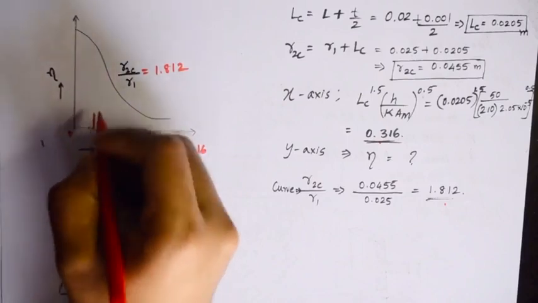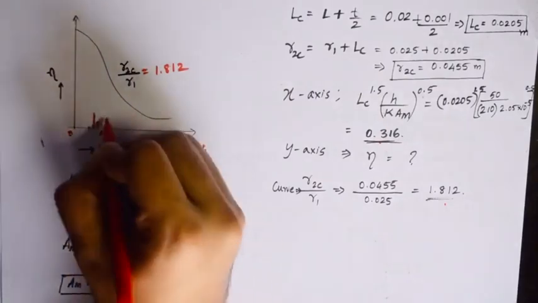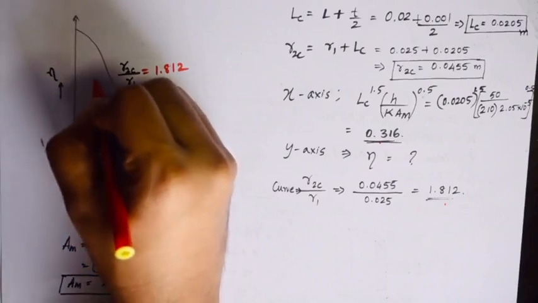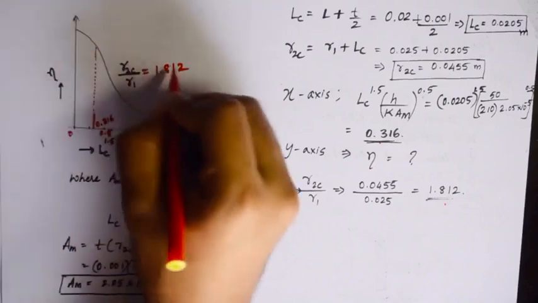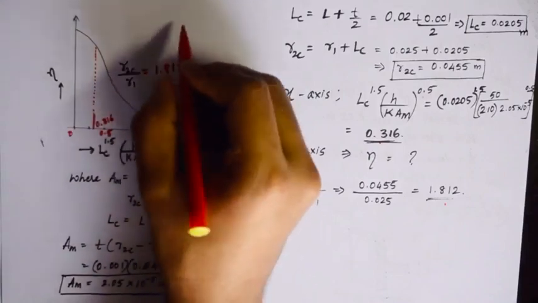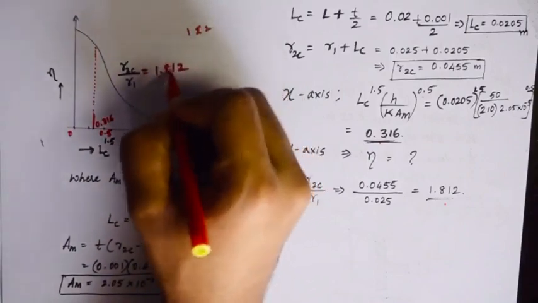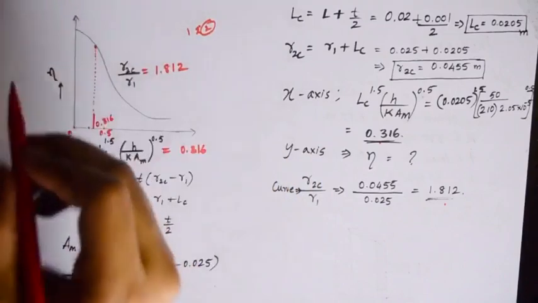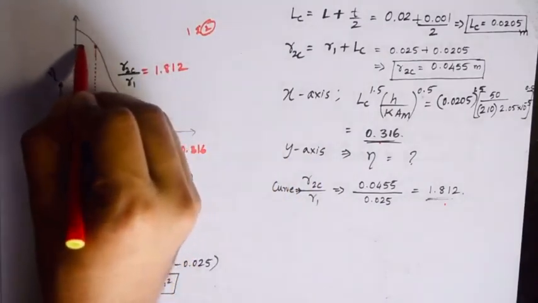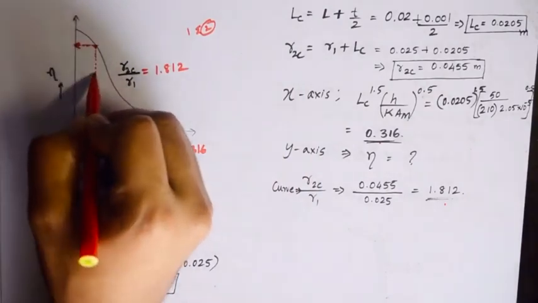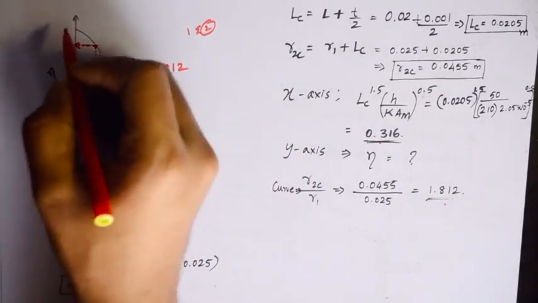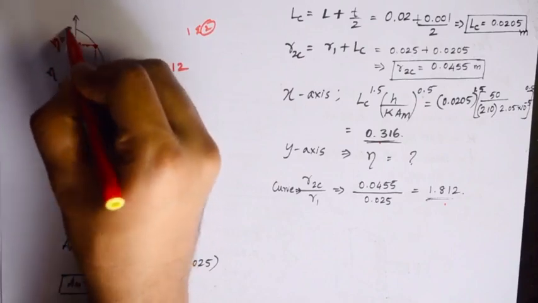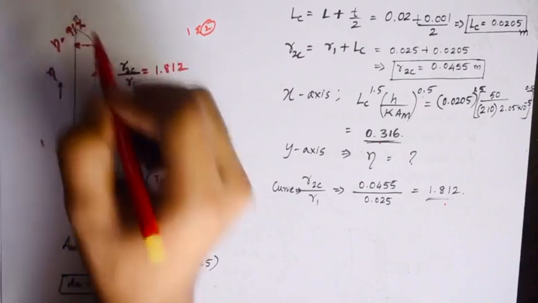We'll assume this one as 0.316. So hold a scale and take it to the curve of 1.812. We have curves for 1 and 2 only, so take the curve nearer to 2. We'll get the point somewhere there, and when you connect it to the y-axis, you're going to get the efficiency as 91%.